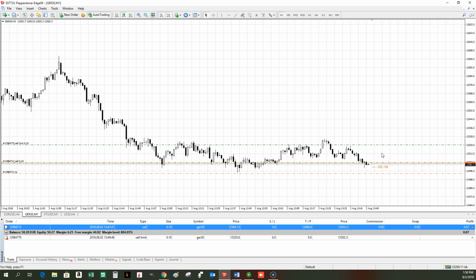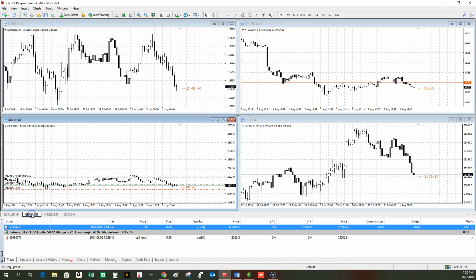Okay, so here you need to wait a little bit to see what's going on, and if it's going down, then I will try to make €1. All right, let's check what's going on with the other assets.